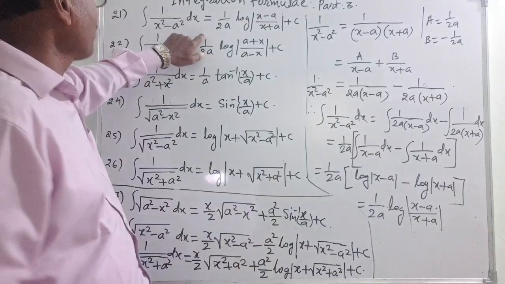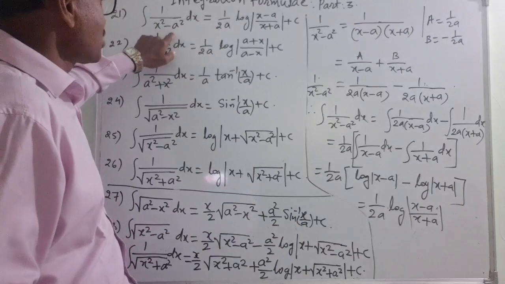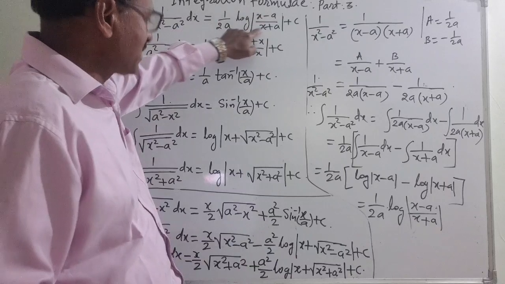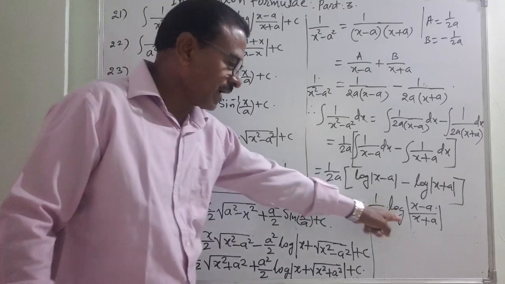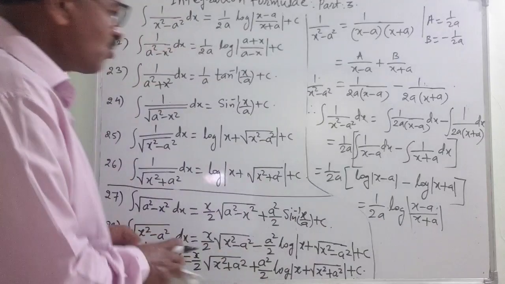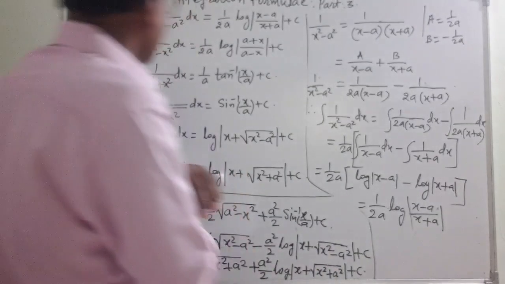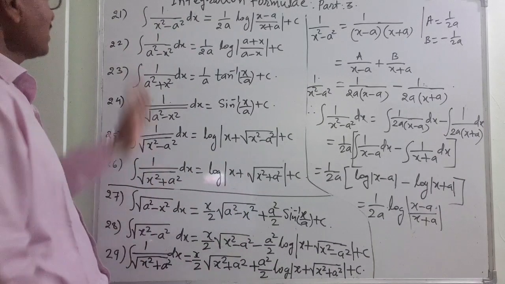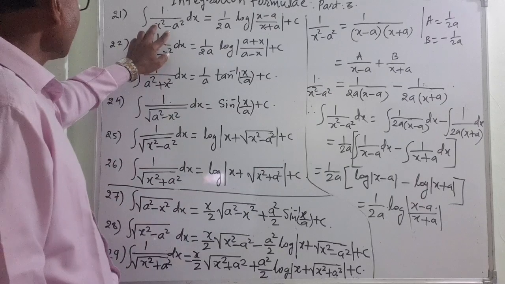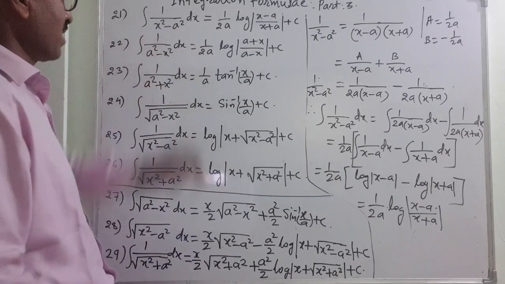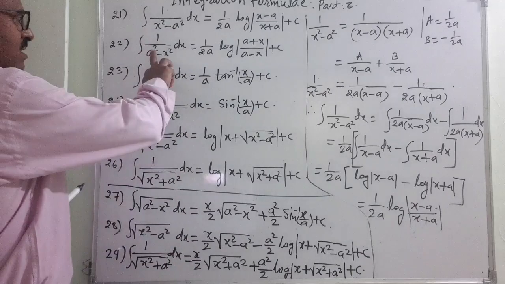So now try to remember, if it is x square minus a square, then this x minus a comes up and x plus a comes down. Don't forget this. Every time you will not go on proving and then solving using it somewhere. No. Now the same formula, a square minus x square is inverted to x square minus a square. Means reverse the sequence.